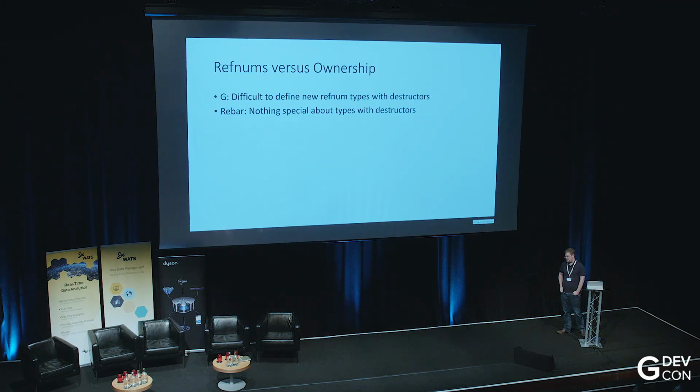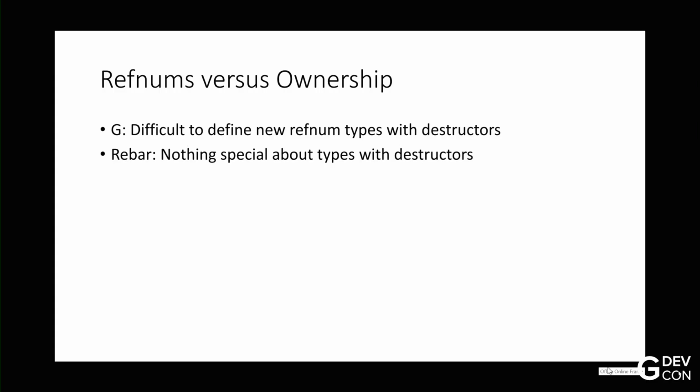There's another problem that refnums have historically had, and that's that it's rather difficult to create new ones, or at least create new reference types that have cleanup or destructor semantics. You can create data value references, and those act as references to a sort of dumb container of values of a particular type.